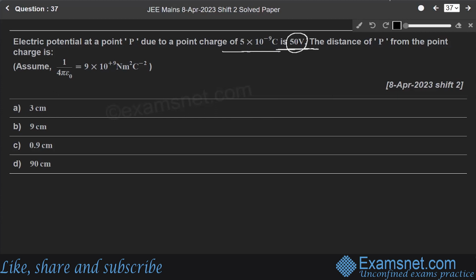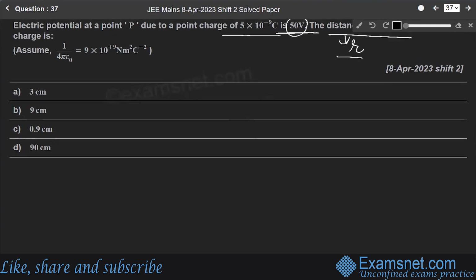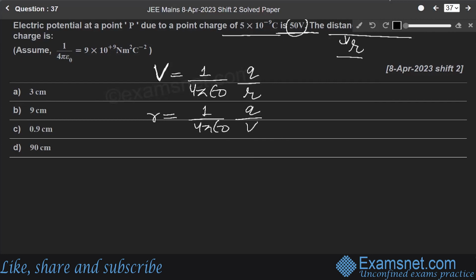We have to find the distance of P from the point charge, meaning we have to find R. This is from the electrostatics chapter. The very basic formula for potential V is V equals 1 over 4 pi epsilon naught Q over R. So we have to find the value of R, the distance. So R is equal to 1 over 4 pi epsilon naught Q over V.